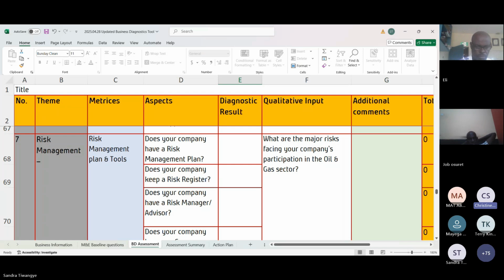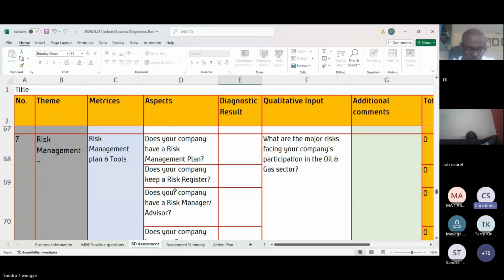This is pretty straightforward, and it entails your company having a risk management plan, a risk register, an advisor or risk manager, and whether you have any policies, company insurance policies to help you manage risks in and there.